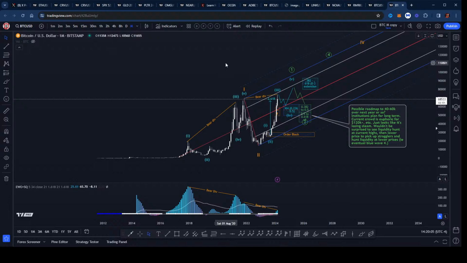So I'm just pushing that off. So that's 382, 618 extension of 1 through 3, right? So that's common for Elliotticians. Oh shit, I'm not gonna be able to do it. All right, so there's the order block. I can't do it there. Okay, so this would be wave 4, 23.6. Let's check that.